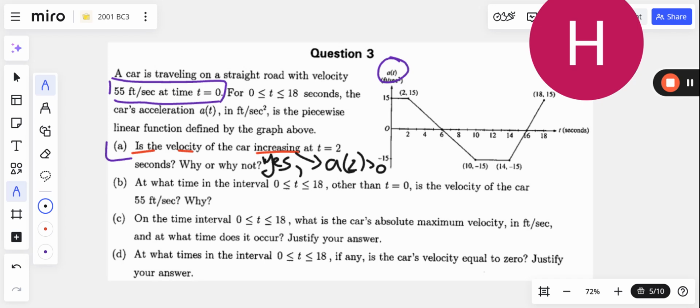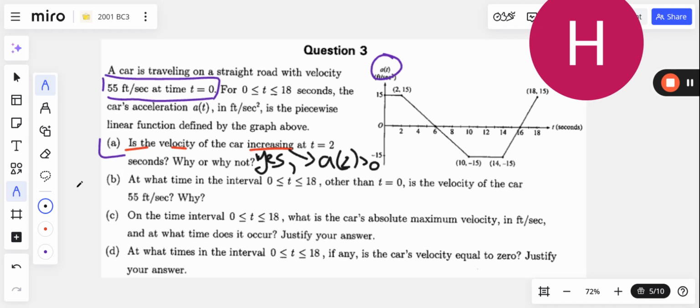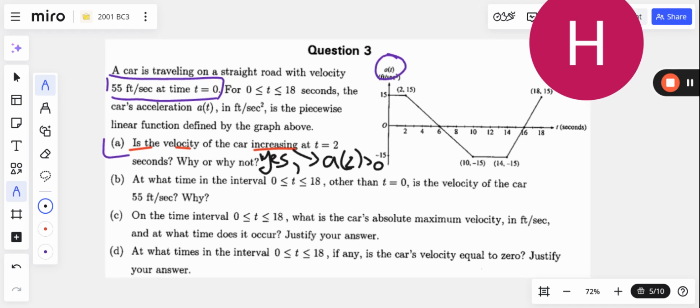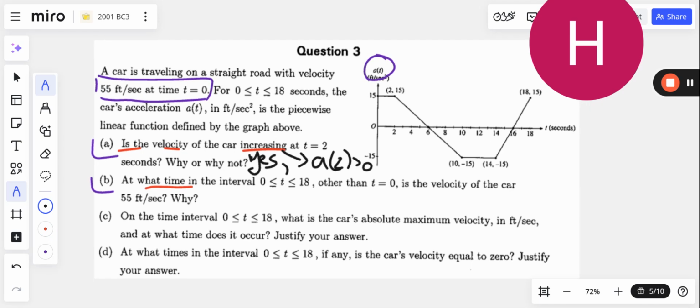Part B: at what time in the interval other than t equals 0 is the velocity of the car 55 feet per second? So at what time other than t equals 0, obviously, that's where it starts off at 55 feet per second.